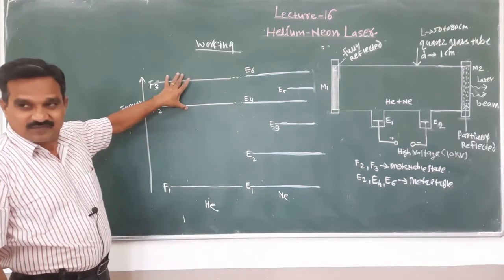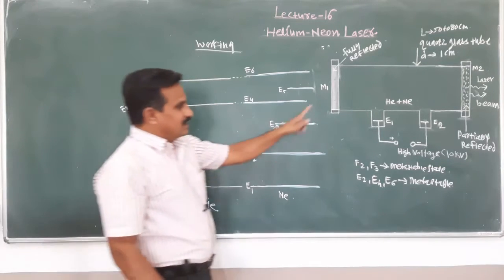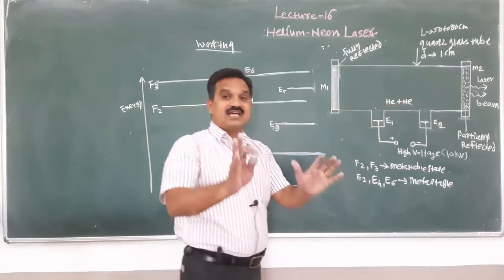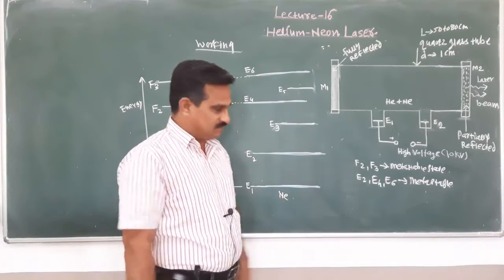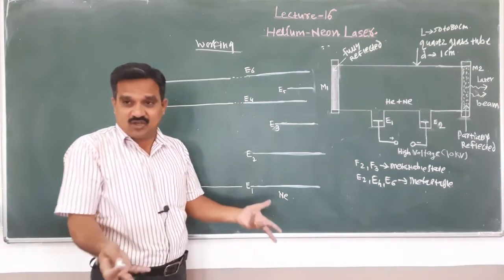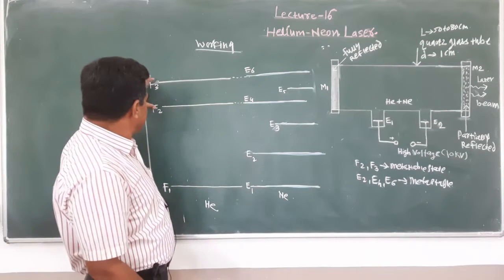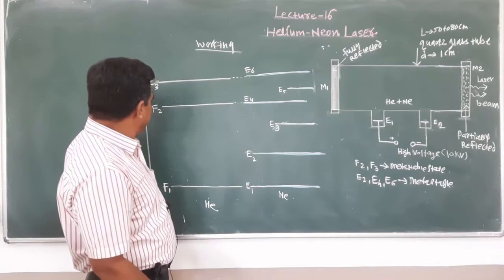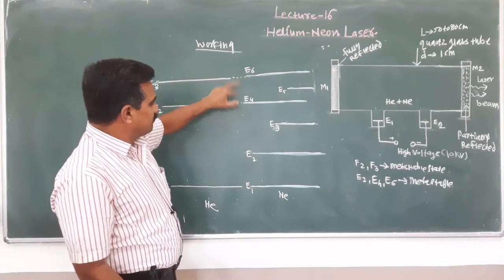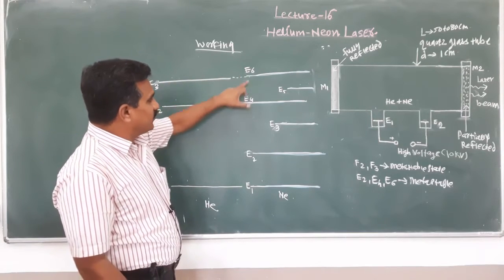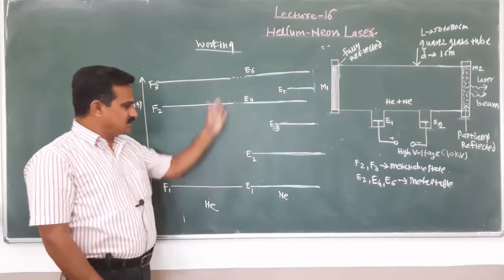That's why helium and neon gas is used. This is the reason why we use helium and neon, because the excited states of helium, F2 and F3, and of neon, E4 and E6, are the same.